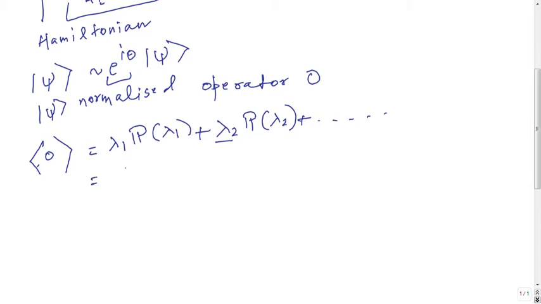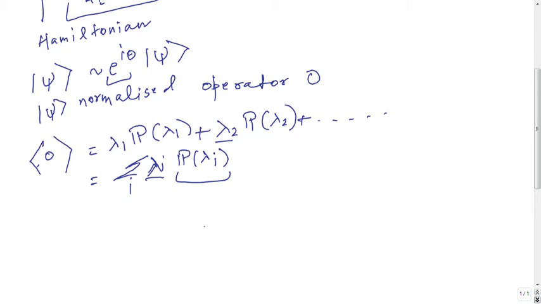So this could be written as a summation over index i of lambda i times the probability that this random variable takes this value lambda i.